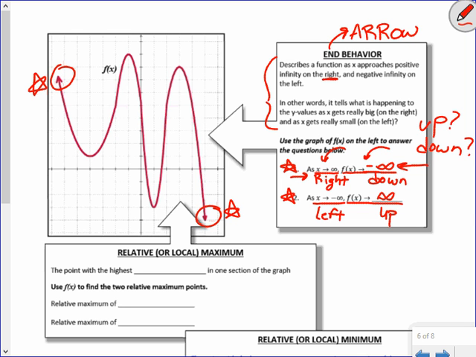So for the full notation, you would write x is approaching, or x arrow negative infinity, comma, f of x arrow positive infinity. That's how you say on the left, the graph is going up. Okay, so again, if you think about it in words, write it down in words, it'll make a lot of sense. Just say on the right side it's going down, on the left side it's going up. It's a great place to start. But then you guys do need to train yourself how to translate those words into the official algebraic symbols or notation. That's what's tricky about that.